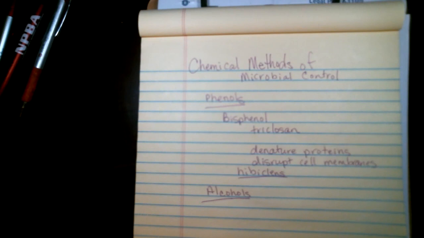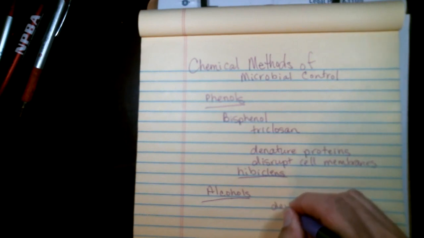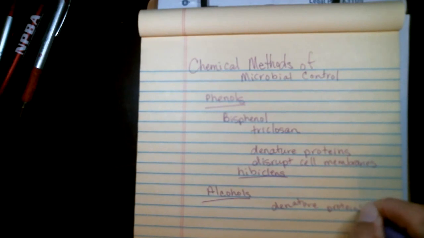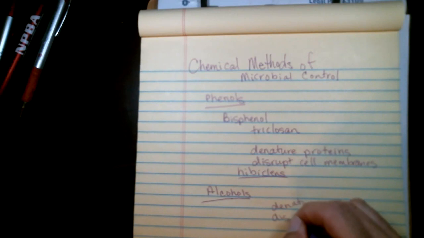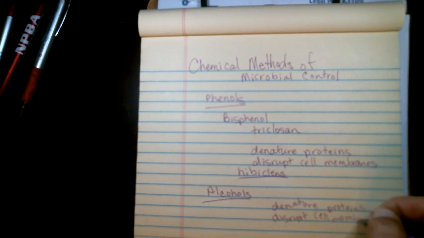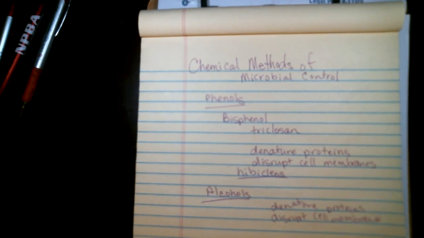They do denature proteins as well, and they also disrupt cell membranes, or cytoplasmic membranes. But pure alcohol is not an effective antimicrobial agent against the denaturation of proteins. They require water. So 70% alcohol and 90% alcohol is much more effective.